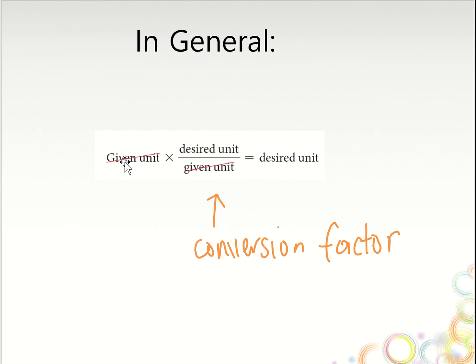So in general, we have a desired unit, a given unit, and a conversion factor. Our conversion factor is our desired unit in the numerator and the given unit as the denominator. Once we multiply, the given units cancel out each other, and so we get our desired unit.